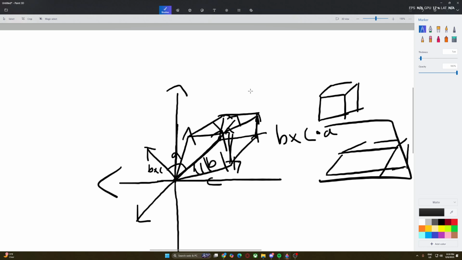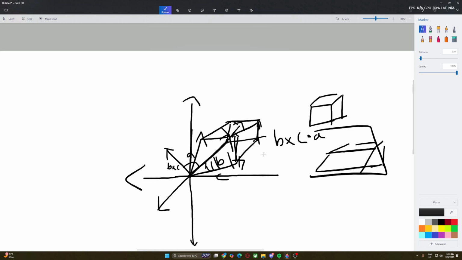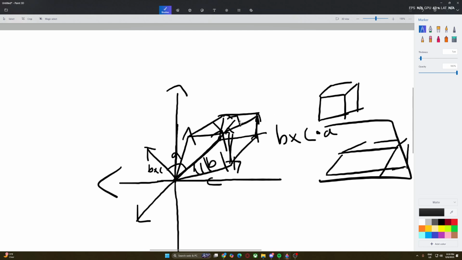Just know that it does this, somehow this and this are related, and when you dot product it, you get this.